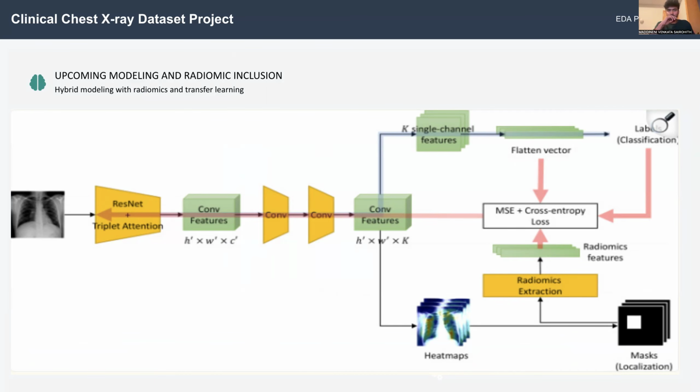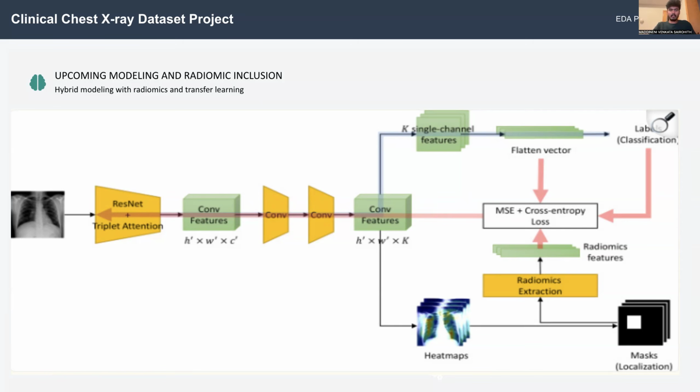Considering the paper, the model should do pretty well, with the paper reporting around 0.85 to 0.91 AUC score. So I need to move forward with the plan to start calculating radiomic features from X-ray images. Radiomics basically means extracting extra details from texture, shape, brightness, and patterns, as we discussed in the paper review, which are not visible to the human eye.